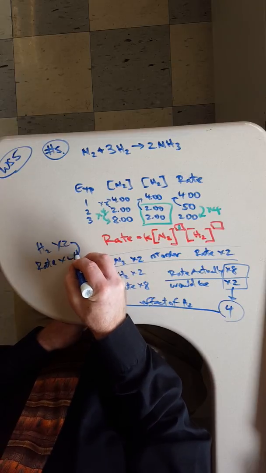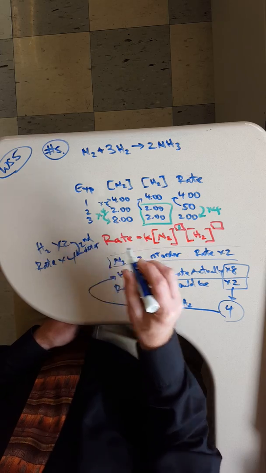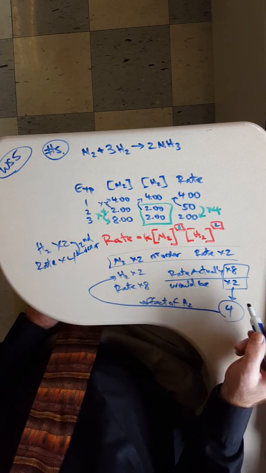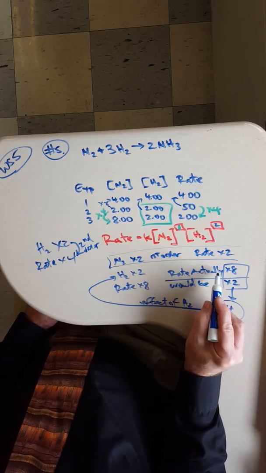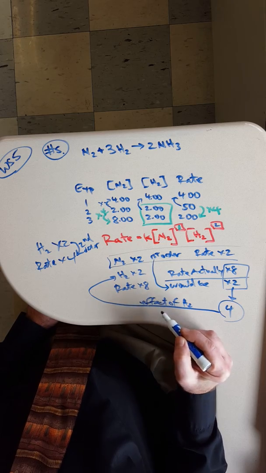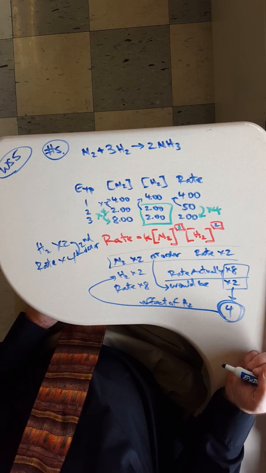Oh, that's second order. All was not lost after all. I was able to apply what my rate actually is divided by what my rate would be based on my known. And that gave me a factor of 4. Well, that's the effect of my unknown.